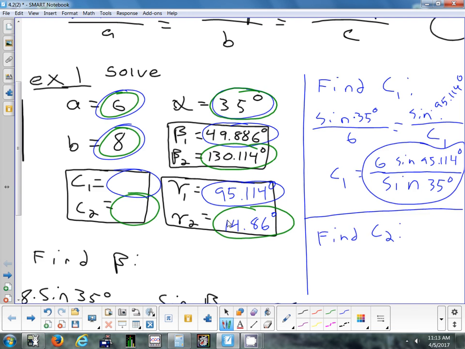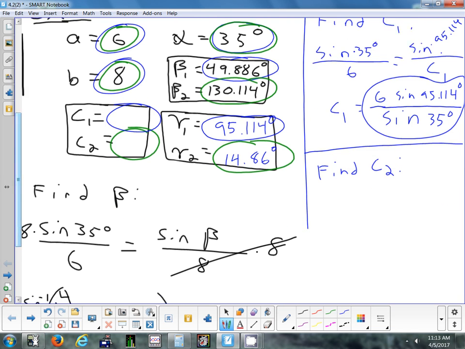Okay, so we'll set it up for C2. So we've got sine 35 over 6 equals, and now use gamma 2, sine of 14.86 over C2.